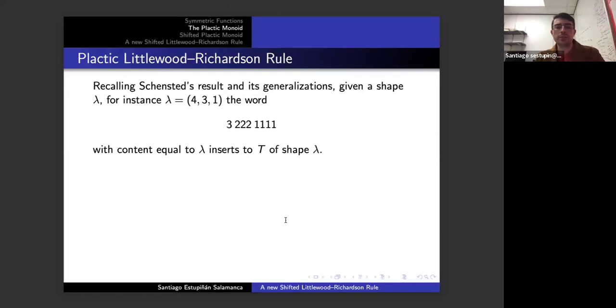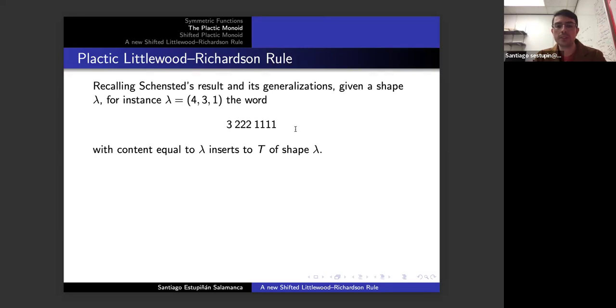And so the way that you recover the classical Littlewood-Richardson rule is that you consider Yamanouchi words. And what is a Yamanouchi word? This is basically a word such that as you read it from right to left, you find always more i's than i plus ones. This is an example. So the word 3, then 2, 2, then 4 times 1.